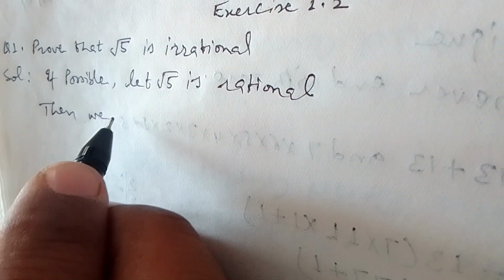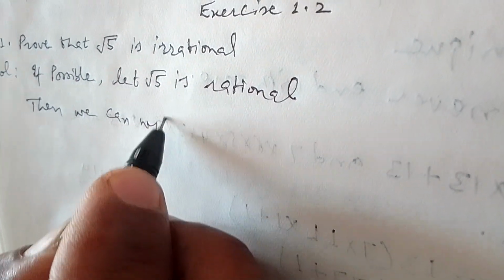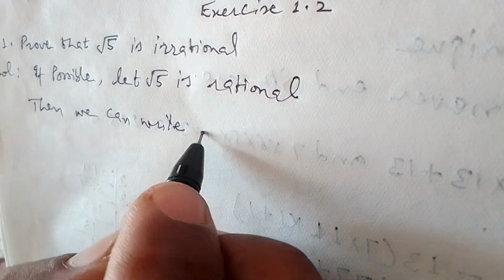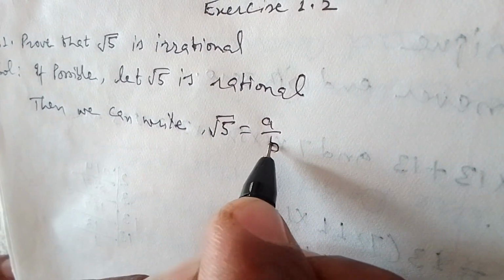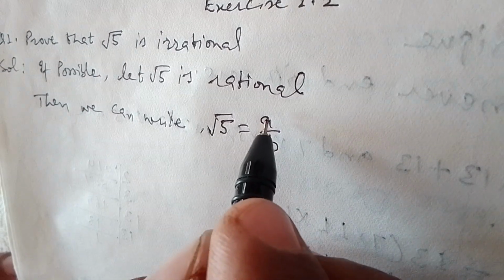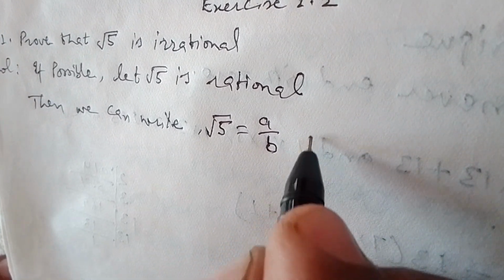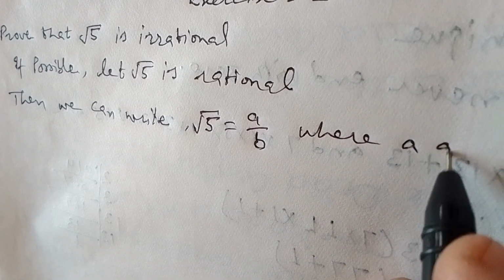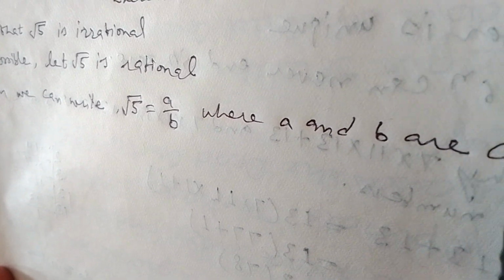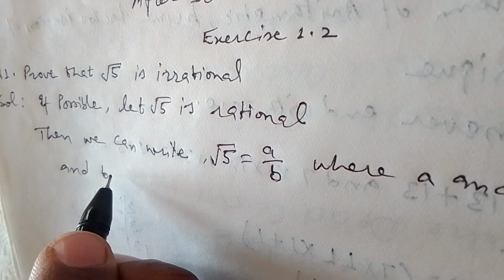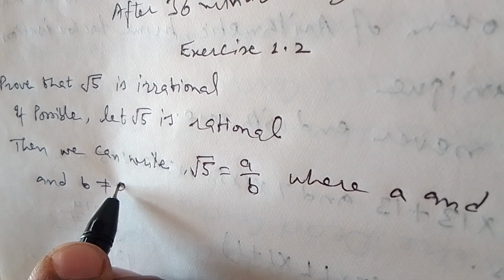Then we can write root 5 as a upon b, because rational numbers are in a by b form, where a and b are co-prime and denominator b is not equal to 0.